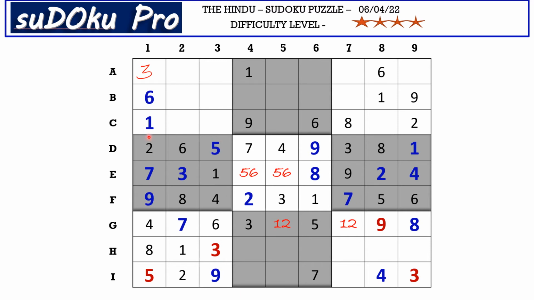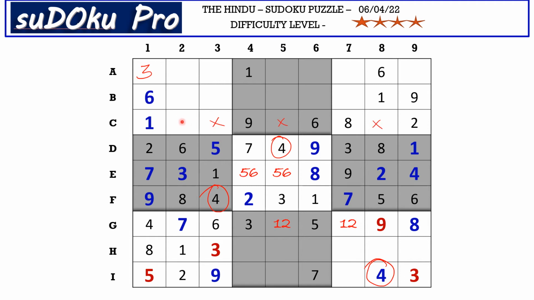Now let's try to fill C row. You have a 4 in column 8, a 4 in column 5 and a 4 in column 3 which blocks these cells.